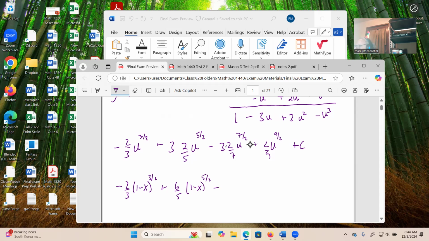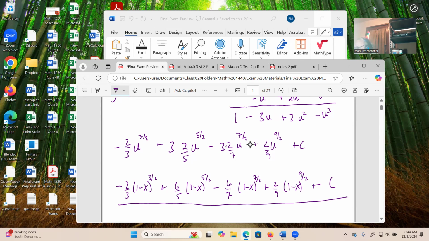This is going to be 6/7, 1 minus x to the 7/2. And then finally, plus 2/9, 1 minus x to the 9/2 plus c. And that would be my answer for this piece here.